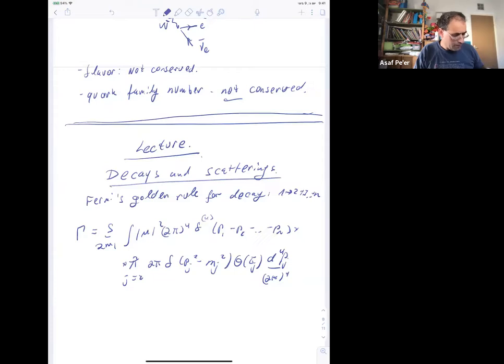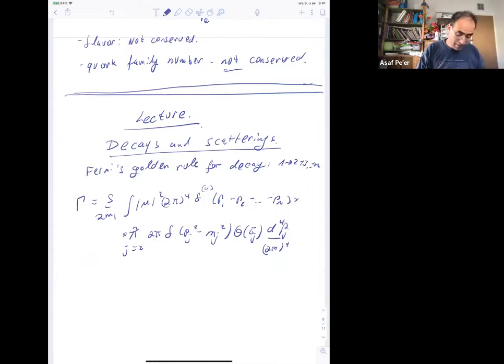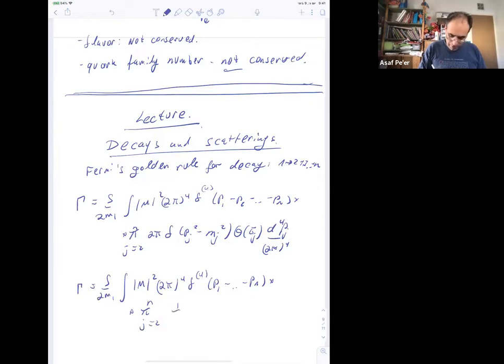If we carry out this integration, and the theta function ensures that all the outgoing particles' energies are positive, we can post that in a simpler format that we showed is equal to S over 2m1 integral of |M|² (2π)⁴ δ⁴(p1 − pn) times the product over j from 2 to n of 1 over 2 square root of pj² + mj², and now integrate over d³pj over (2π)³.